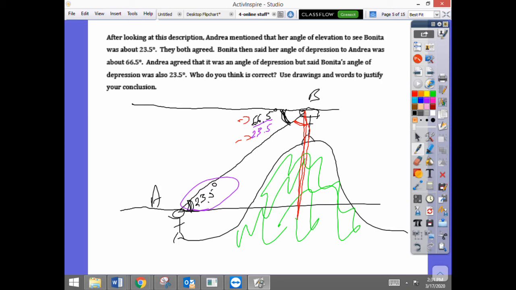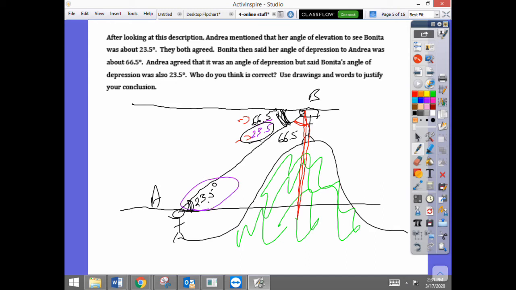They are the same. So this angle right here is really the 23.5, and this angle right here is the 66.5. Beautiful drawing. As I said, this is one of my favorite parts about trigonometry, is I can draw and it can look bad, and that's okay.